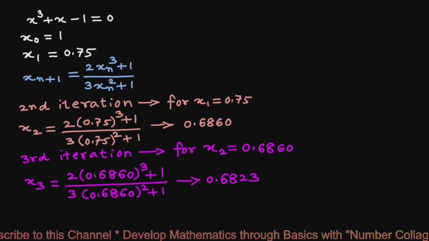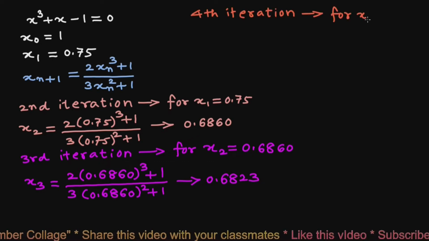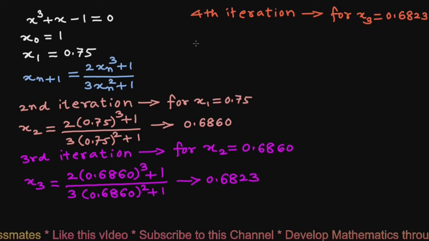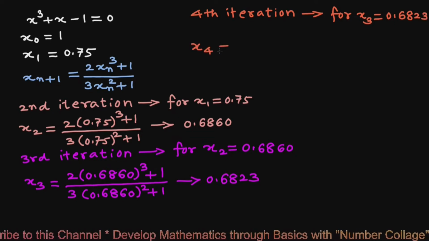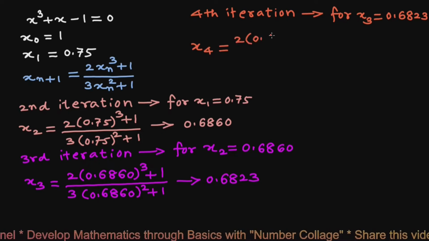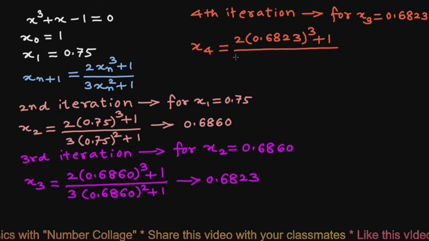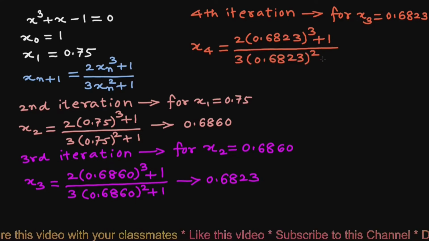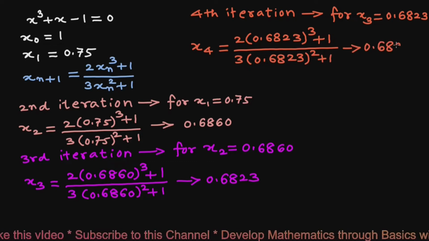by calculator. Now we will find the fourth iteration for x3 equals 0.6823, which gives us the fourth approximate root x4 equals 2 multiplied by 0.6823 cube plus 1 upon 3 multiplied by 0.6823 square plus 1, that gives 0.6823.